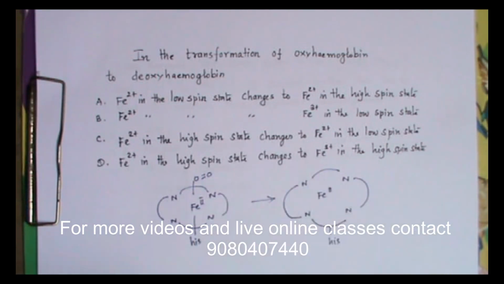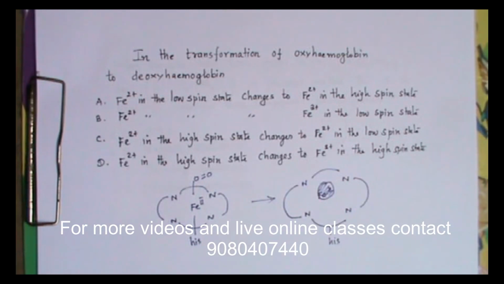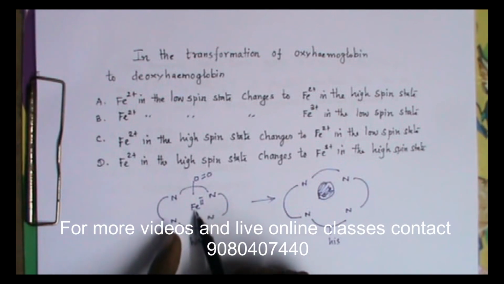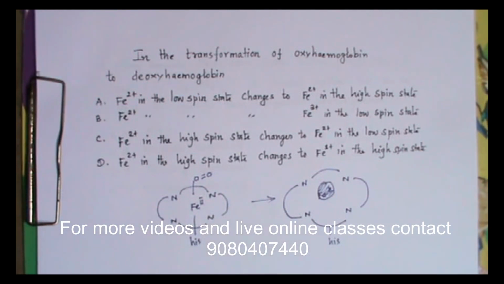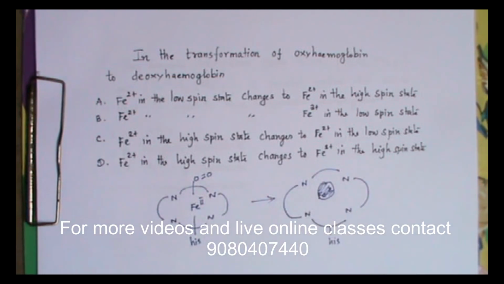The 6th site will be vacant. Here the Fe2+ atom will be in a different plane. In the previous case, the 4 nitrogen atoms and iron are in the same plane. But here the iron will be somewhat above, and they will not be in the same plane.